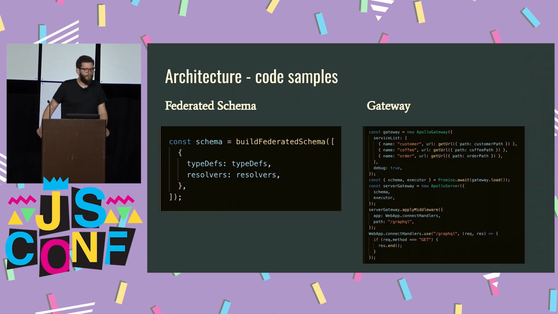Instead of inserting your schema into your Apollo server, you wrap your schema with this buildFederatedSchema function and insert it into your Apollo server. That way you create a federated schema which can work on its own, which is standalone. So it's basically its own schema.